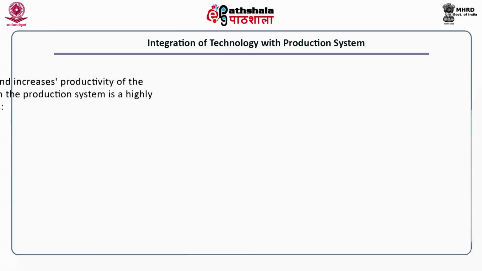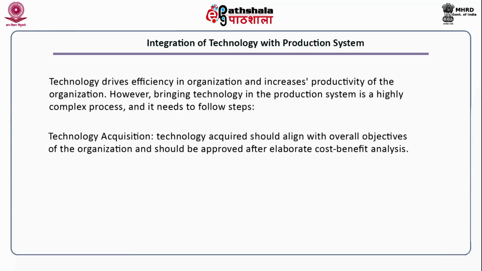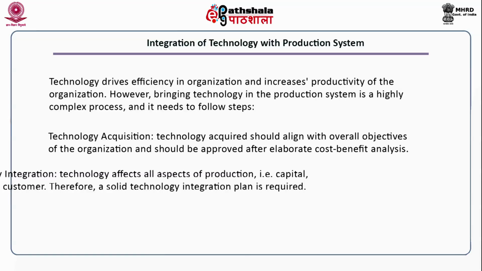Integration of technology with production system. Technology drives efficiency in the organization and increases productivity of the organization. However, bringing technology into the production system is a highly complex process and it needs the following steps. Technology acquisition. Technology acquired should align with the overall objectives of the organization and should be approved after elaborate cost-benefit analysis.